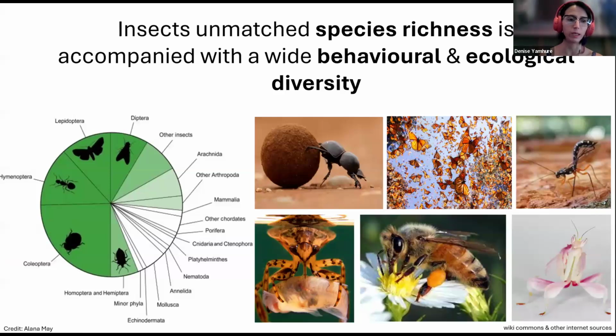For example, we have dung beetles that are able to navigate deserts using the light from the moon for sky compass orientation, or migratory monarch butterflies that have a magnetic compass to know the direction of their migration, or widely recognized economically important pollinators such as honeybees that also form very complex social societies.